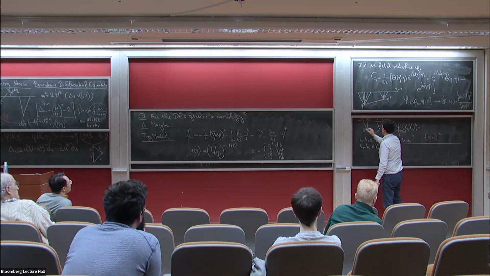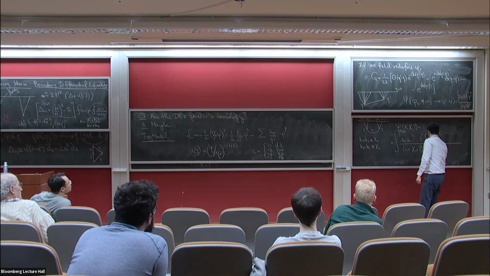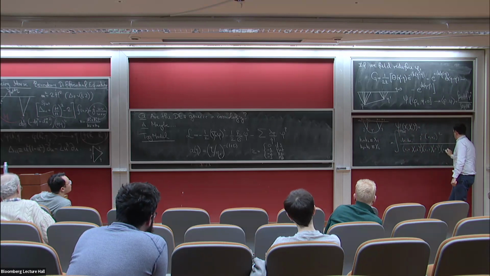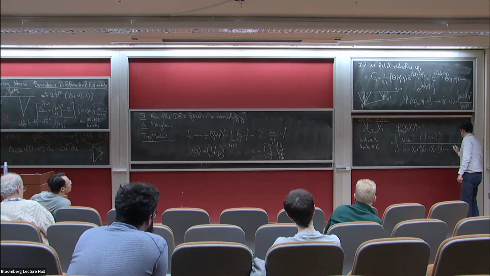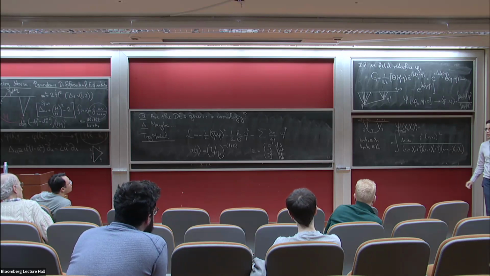There's going to be some coupling constant here, squared. Okay, so this is the 4-point function.